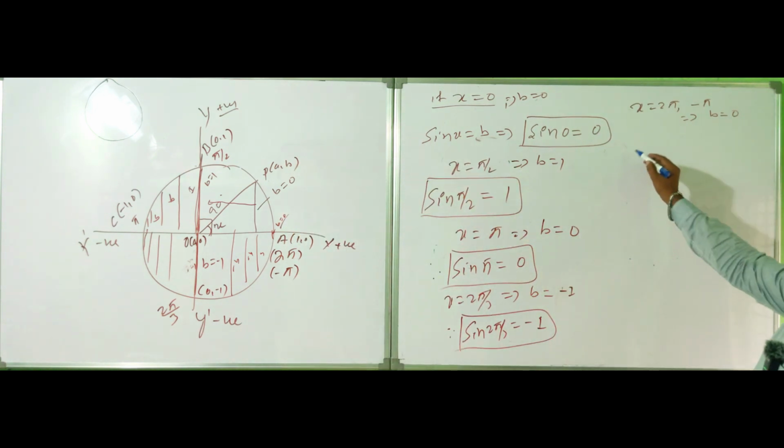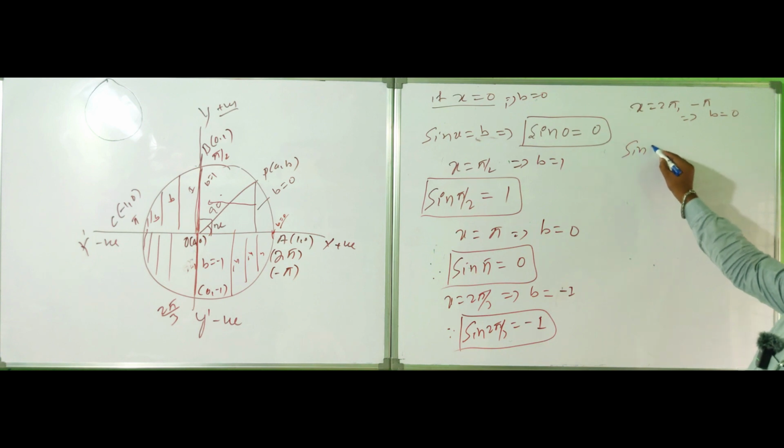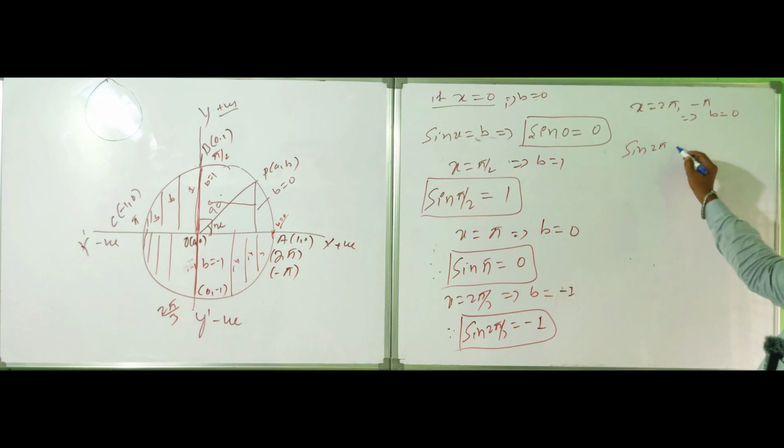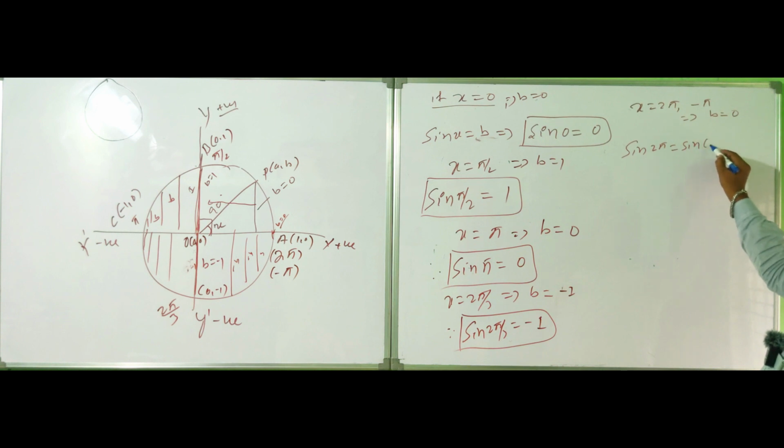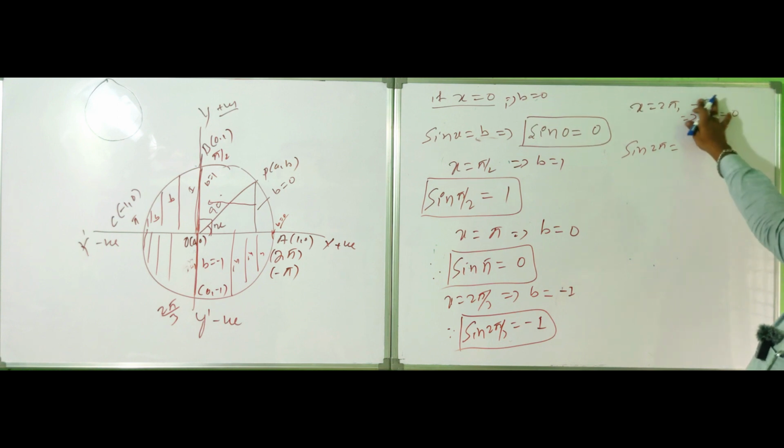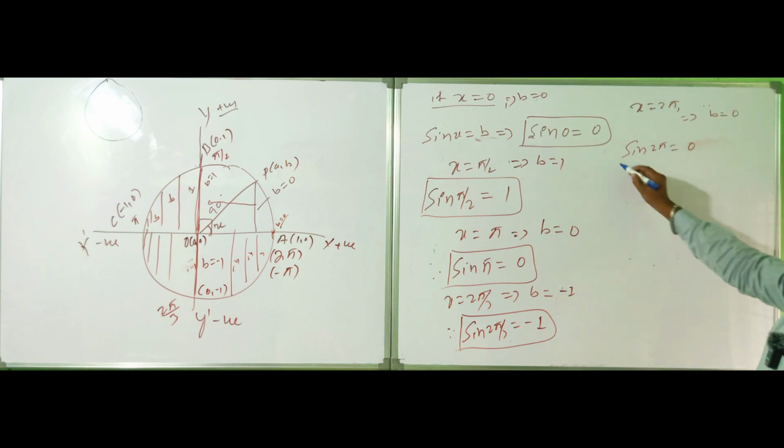It's circulating. Therefore, sine of 2 pi or sine of minus pi, if you are not defining this space, then b is equal to 0.